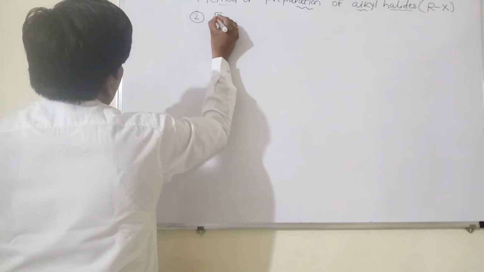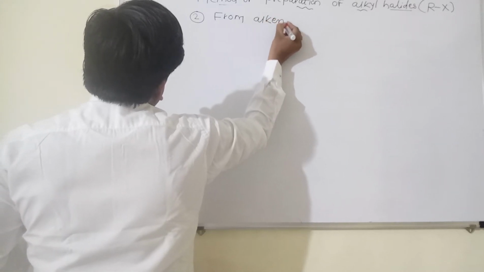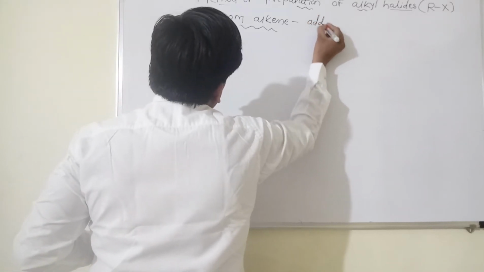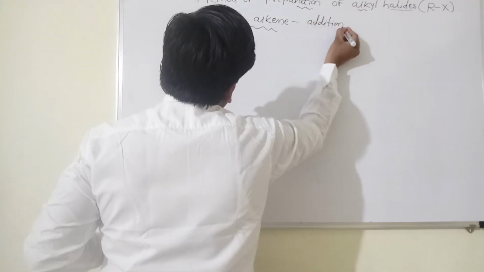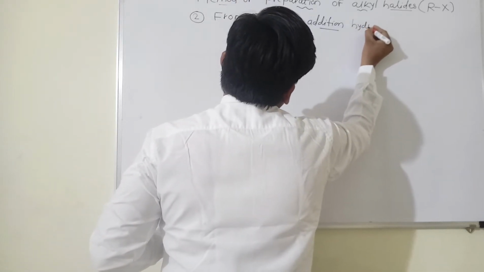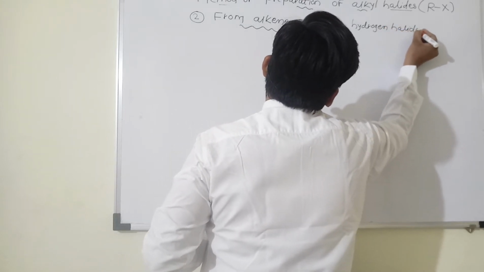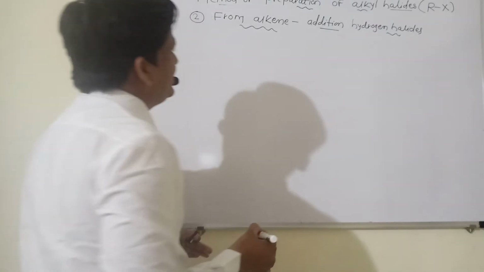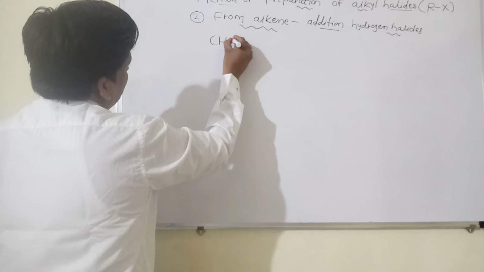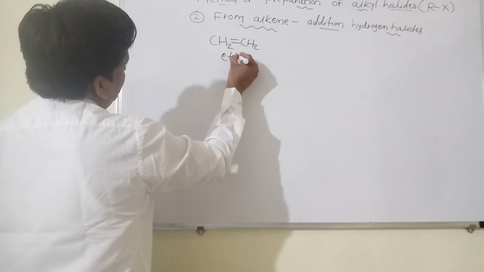From alkene, we see the example CH2 double bond CH2. This is the structure of ethene.